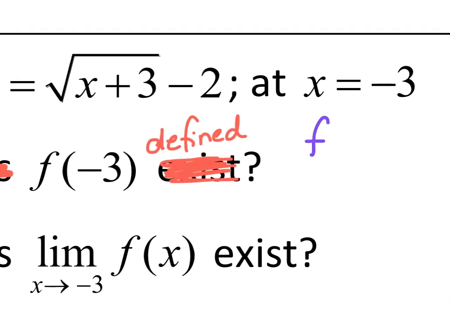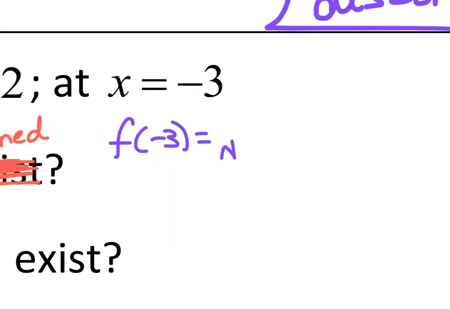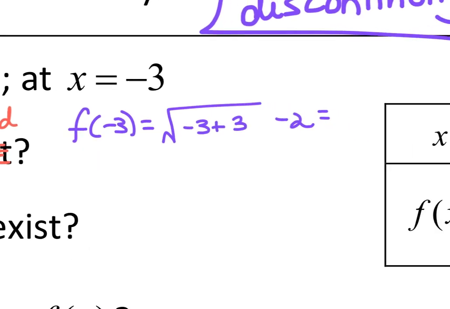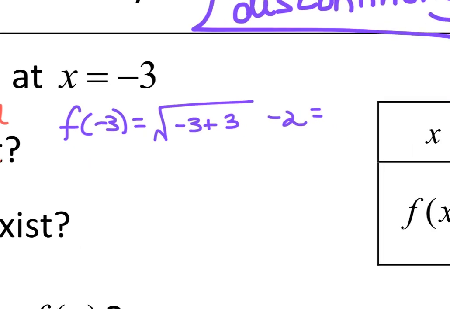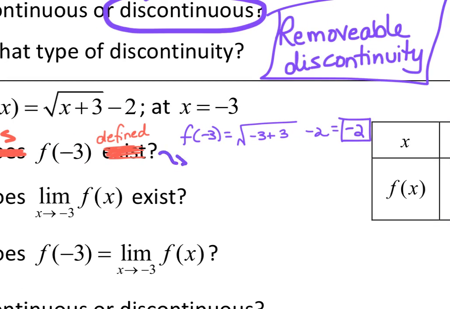So f of -3 would be the square root of -3 plus 3, and then outside the square root -2, and that whole deal is equal to -2. So your answer here is yes, it's defined, and it equals -2.